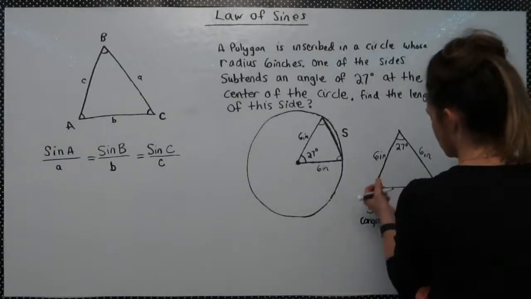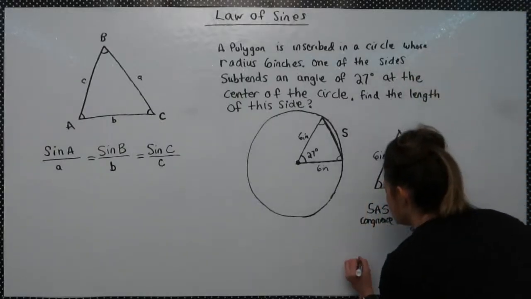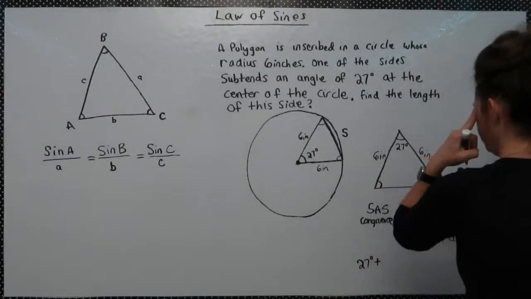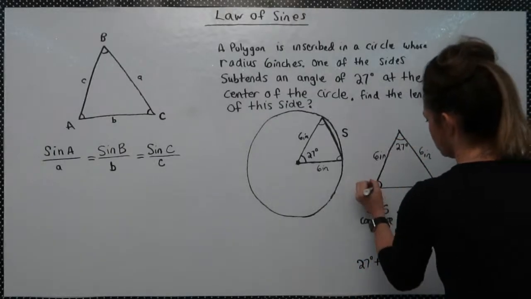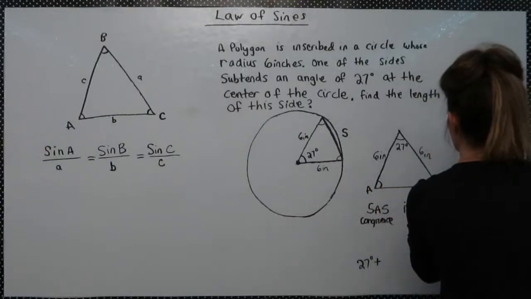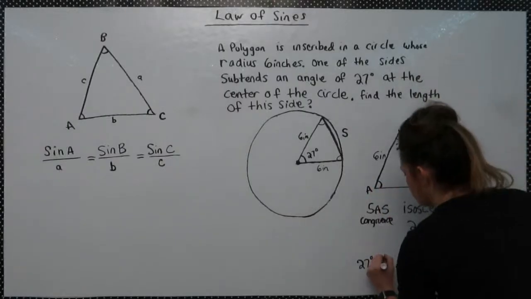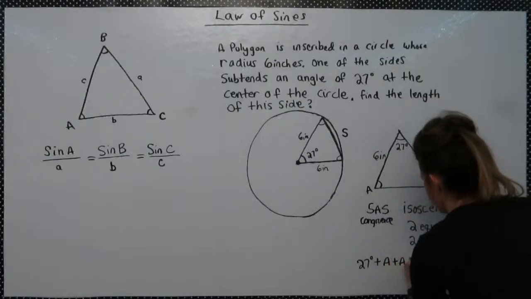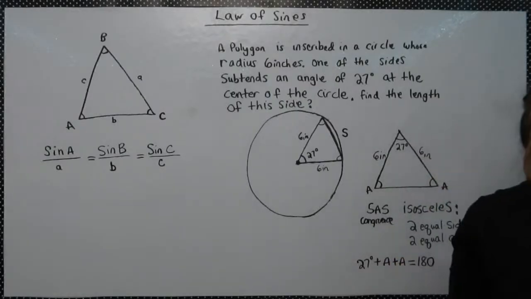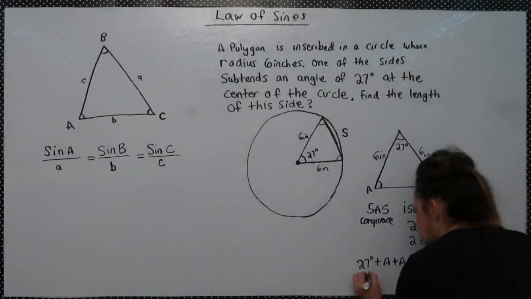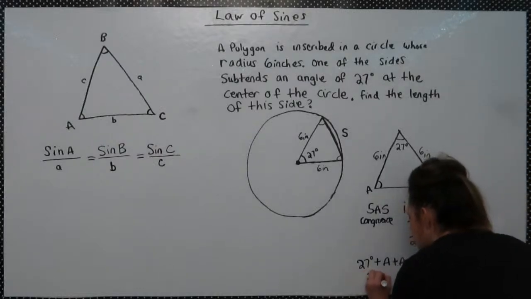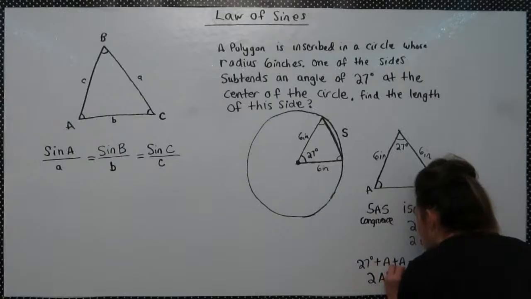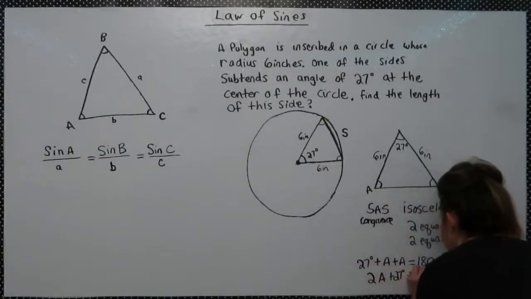So I would just say 27 degrees plus, we'll just call it angle A, plus angle A plus angle A equal 180. And so then that's two angle A's. So you'll have 2A plus 27 degrees equal 180.